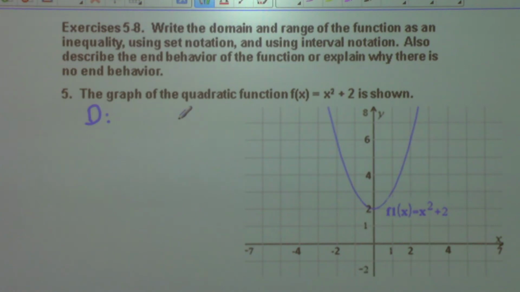How do we say the domain in plain English without inequality, set, or interval notation? Three words. Those three words are? All real numbers. Thank you, Randy. And how do we represent that in inequality notation?